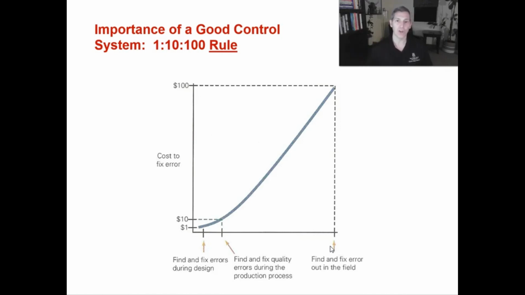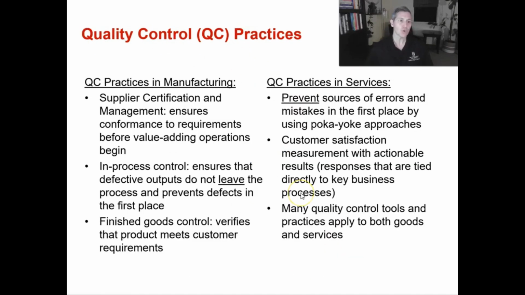Otherwise, the cost ratio is dramatically higher. It multiplies by 10 as you go further and further along in that production process. Quality control practices: in manufacturing, there's lots of things you can do to improve your quality control practices.